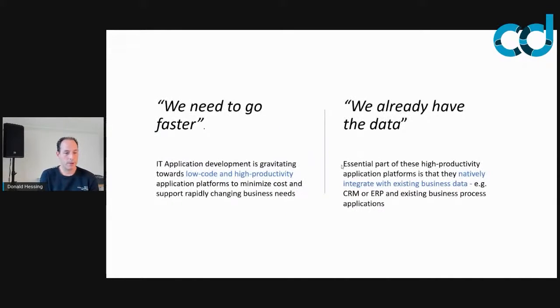All right, so why is Power Platform a low-code solution so gaining at the moment? What we see is that IP application development is really moving towards a low-code, high-productivity platform.